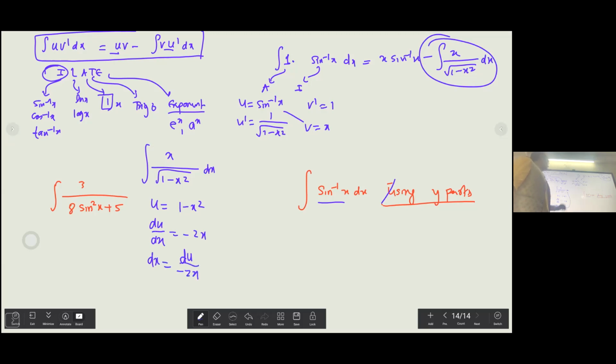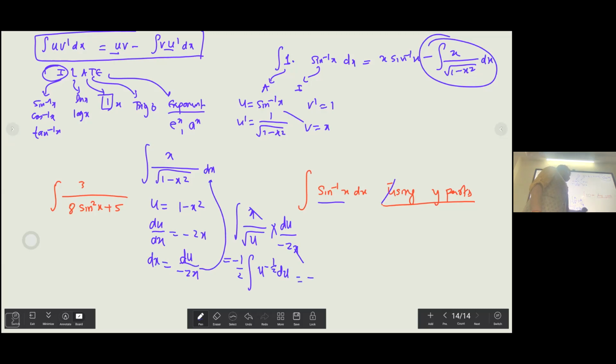As a result, we get x upon root u into du upon negative 2x, x and x cancel. You get negative half outside, integration of u raised to negative half du, which is negative half u raised to half divided by half, which goes as negative root u plus c. So that's the integration of this part at least.